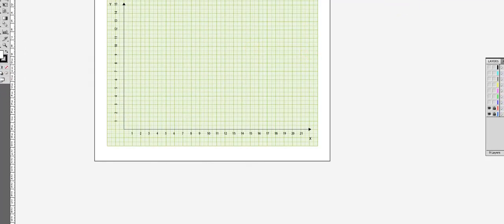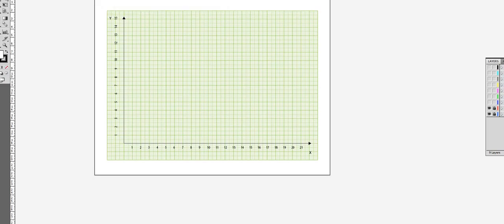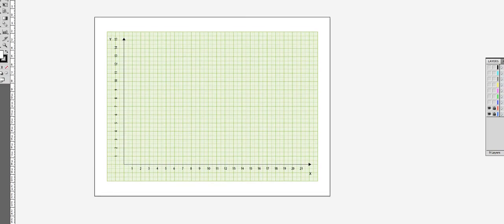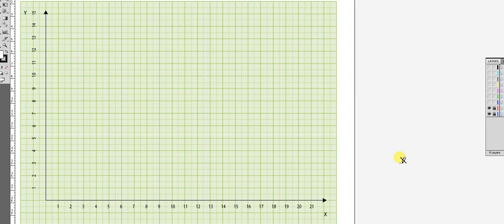And let me just adjust the screen so we can see it. Enlarge it a little. Yes.